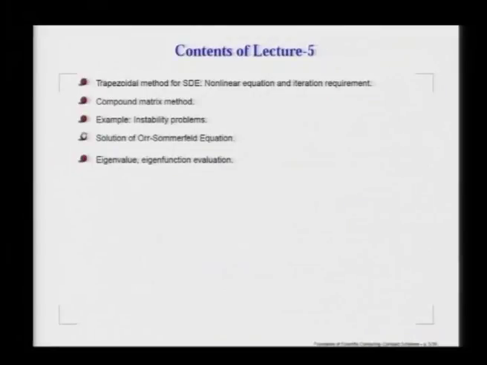This is a fourth order ordinary differential equation which has been known for its stiffness, and these viscous instability problems require special handling, which was a very tough challenge and yielded solutions very efficiently by the compound matrix method. We will talk about the eigenvalue and eigenfunction evaluation by the compound matrix method.